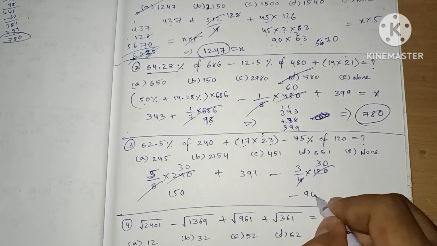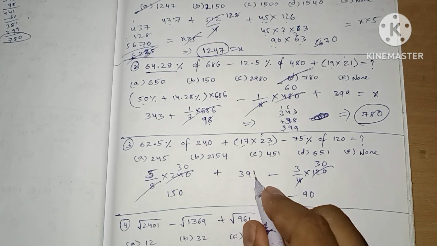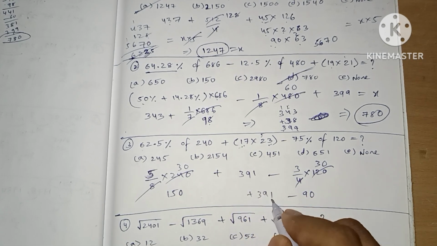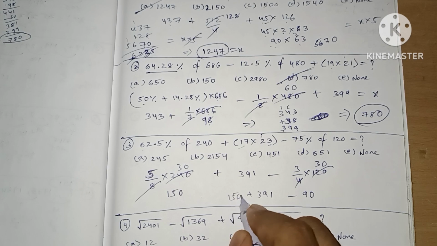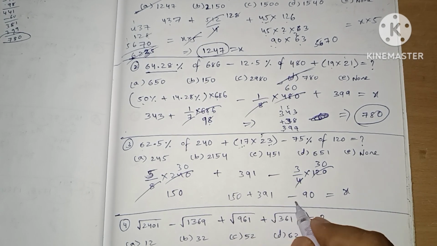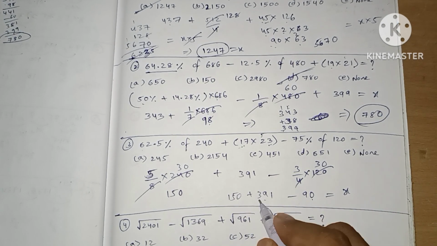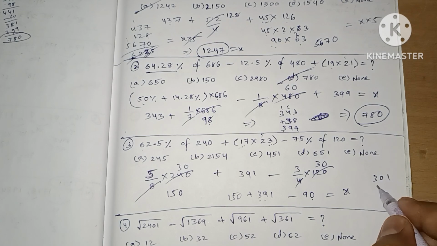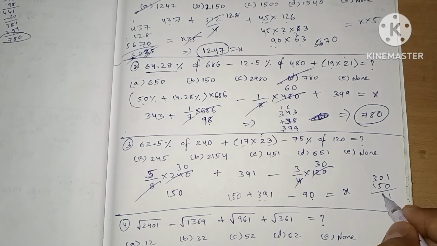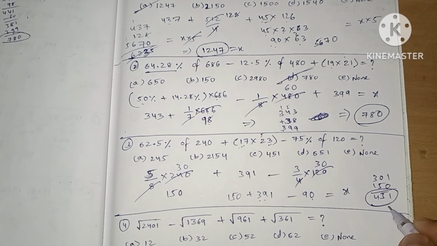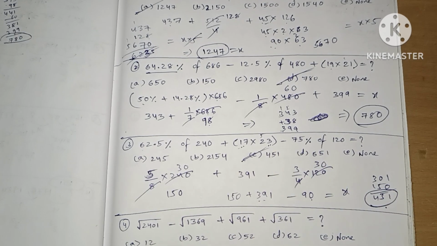We got minus 90, and this is plus 391 plus 150, whole equals to x. Subtracting 90 from this one, we get 301 and 150, 451 is our answer, option C.